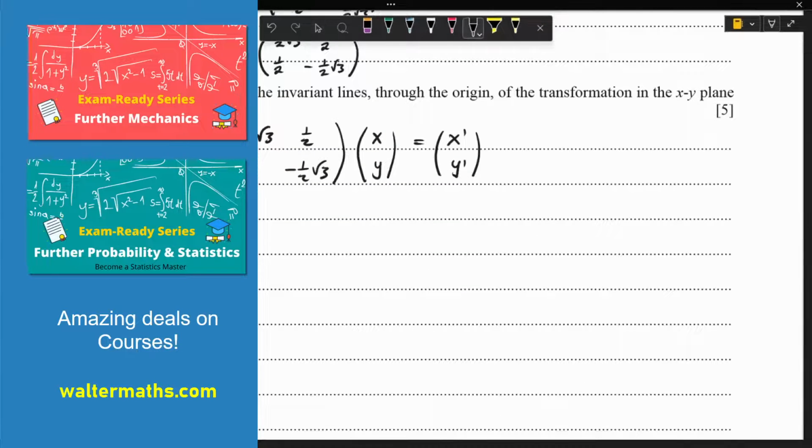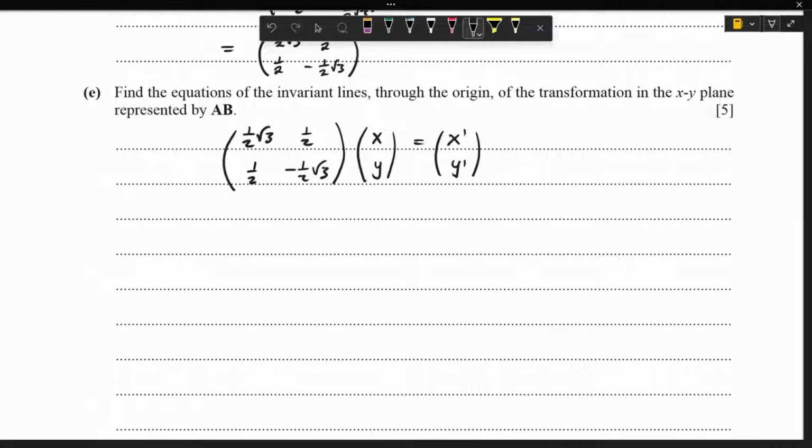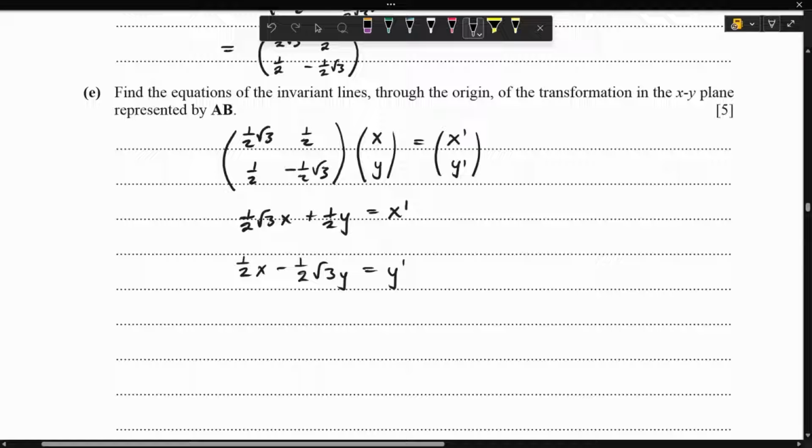If we multiply row and column, we will come up with half root 3 of x plus half y being equal to x dash, and half x minus half root 3 of y being equal to y dash.